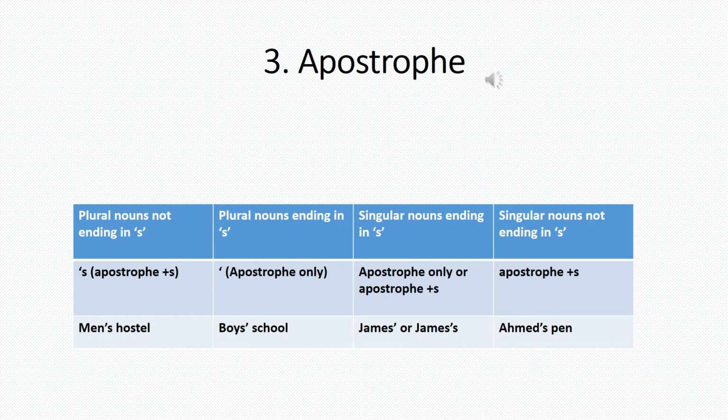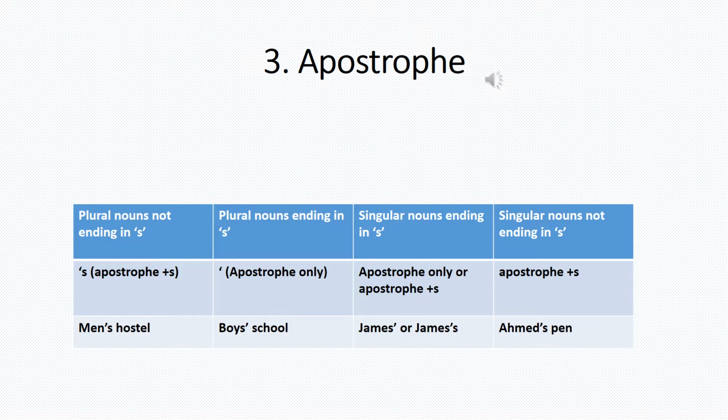For example, men. Man is singular, men is plural. Men's hostel means hostel belongs to men. Men is not ending in s, that's why I have used apostrophe plus s to make it possessive.